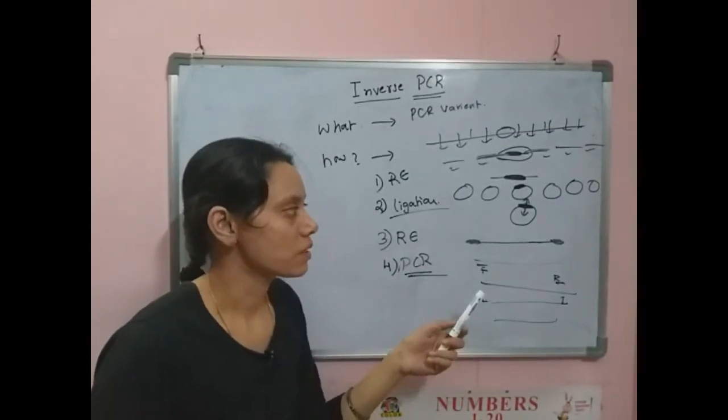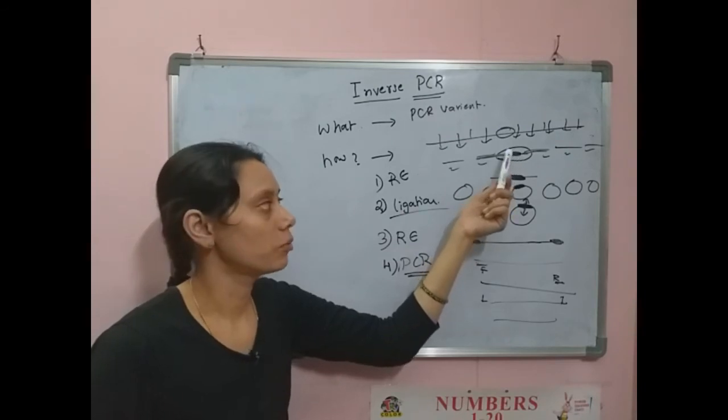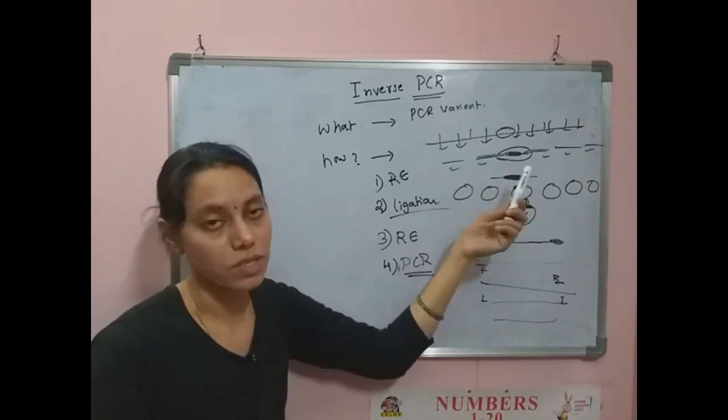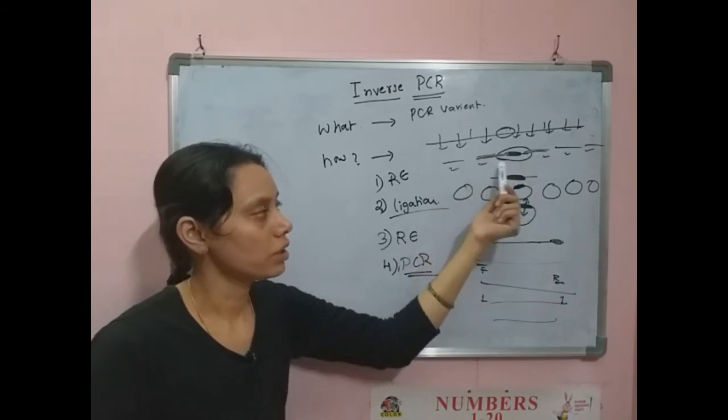Here we have the known portion of the DNA which is present between the unknown sequences, and we need the whole length of the DNA.